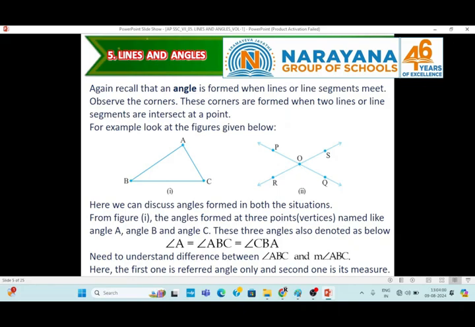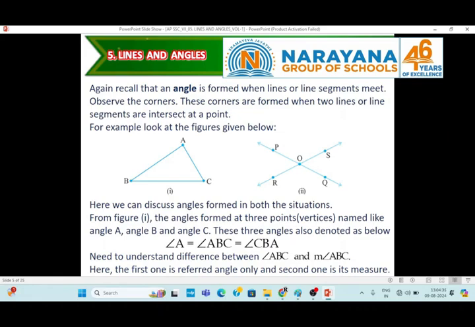So, in both cases, there is a possibility of forming angles. Here we can discuss the angles formed in both situations. For example, in figure 1, three angles can be formed. In figure 2, two pairs of angles can be formed.